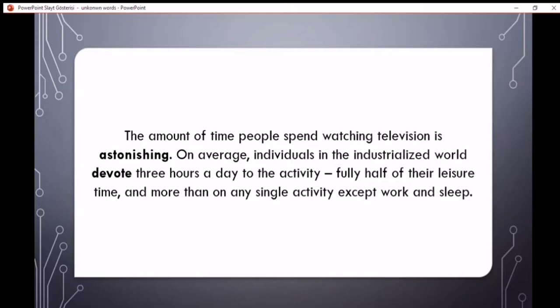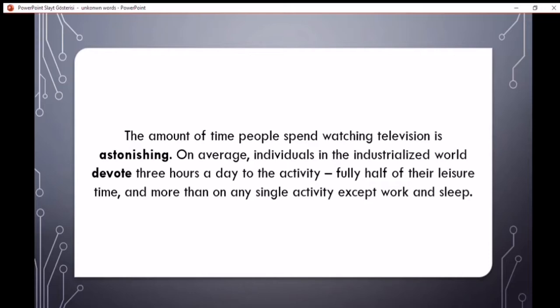watching TV. And if we continue reading, it says on average, individuals in the industrialized world devote 3 hours a day to the activity, fully half of their leisure time, and more than on any single activity except work and sleep. Now we can see that it's a little bit excessive than usual.